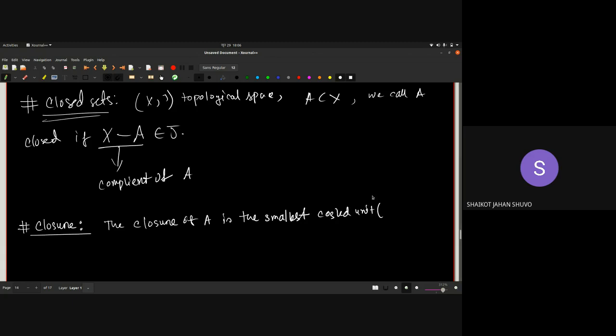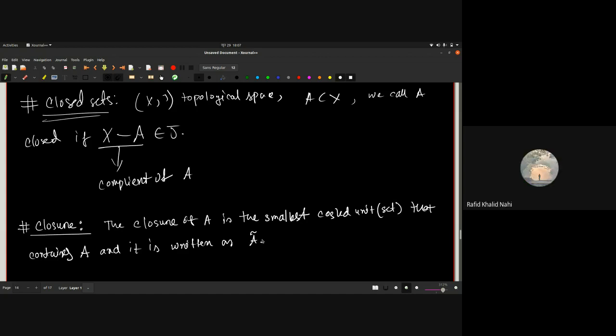Since you are working with sets, you can call it a set as well. So this is the smallest closed set that contains A, and it is written or denoted as some A tilde. And then when you talk about closed sets, you can also talk about the interior and the boundary as well.